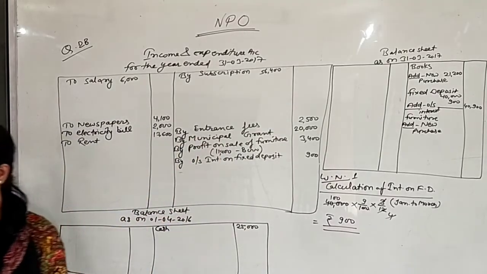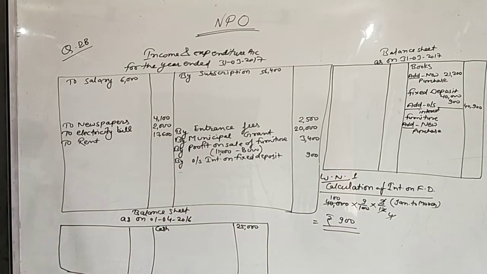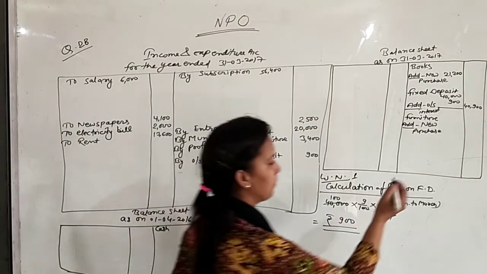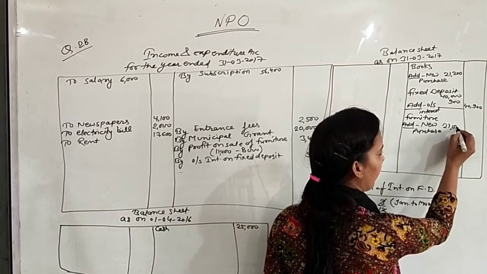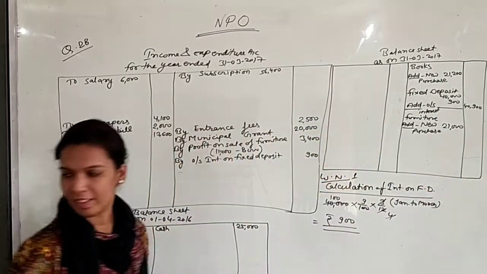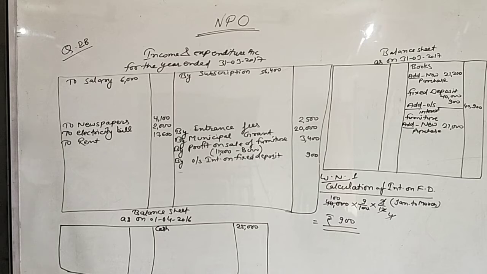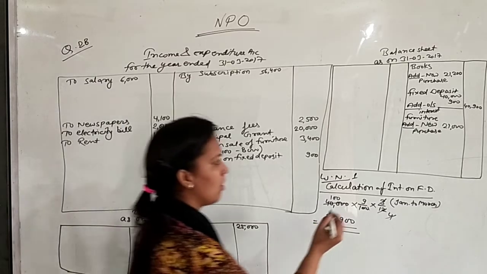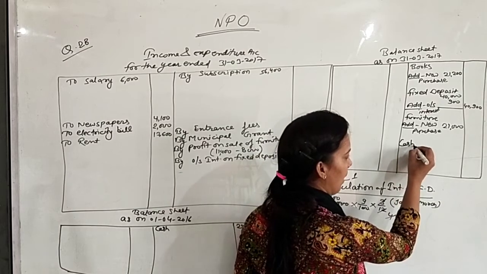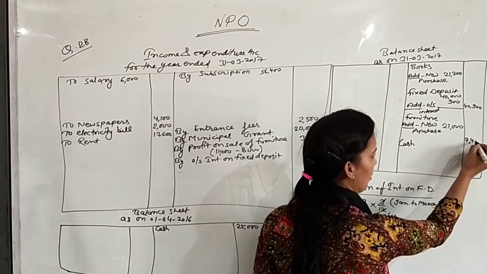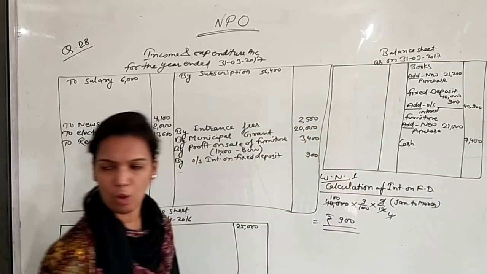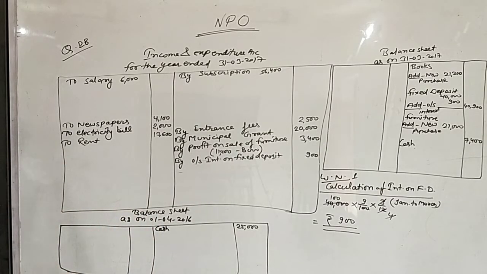The amount of new purchase is 21,000. This is your new purchase 21,000. Balance c/d, this is the closing cash balance. So write here closing cash balance 7,400. Okay, this was about the receipt and payment account.